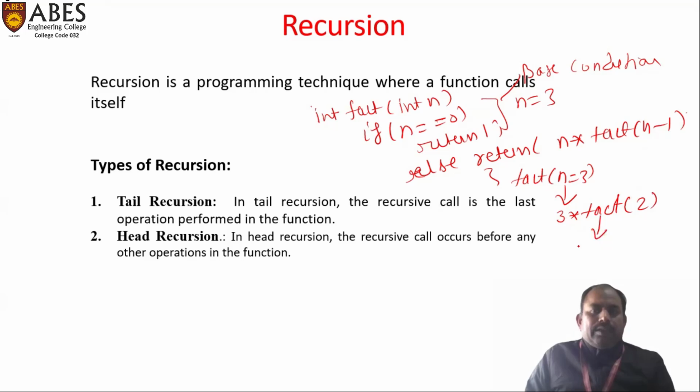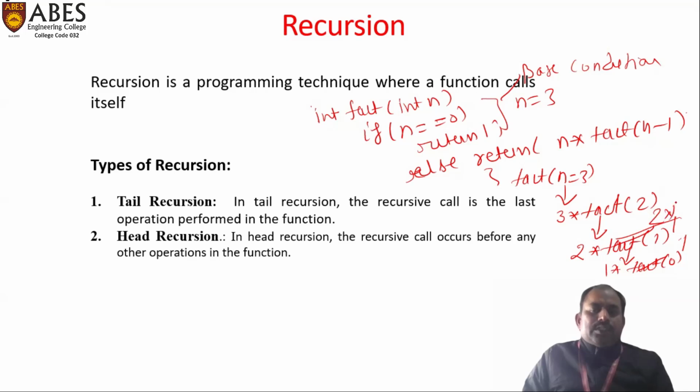In the next step we calculate 2 into fact(1). When this function calls itself again, it returns 2 into fact(n minus 1). And in the last step, it will calculate fact(0). As we know, for n equal to 0, the base condition works and gives the value 1. This 1 returns to the function, giving 2 into 1.